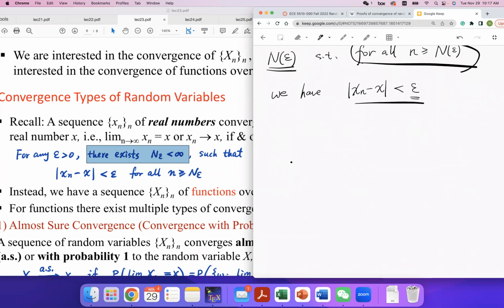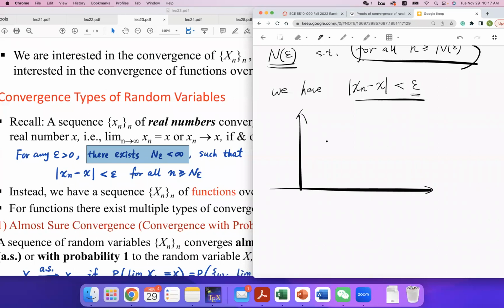For example, if xn equals 1 over n, then xn may look like this, and this goes to 0. If you draw an epsilon, which can be arbitrarily close to 0, no matter how small this epsilon is, eventually after a certain point, the entire sequence will be within this epsilon neighborhood of x.